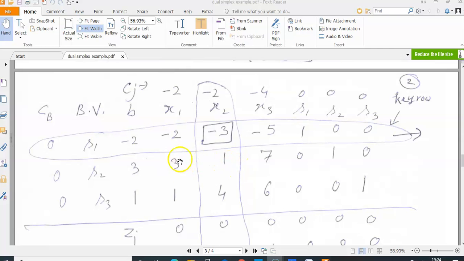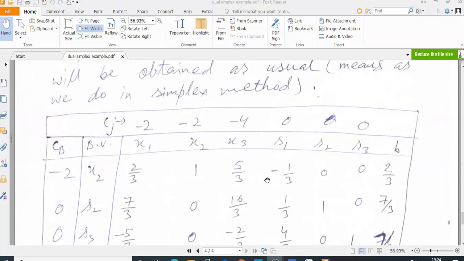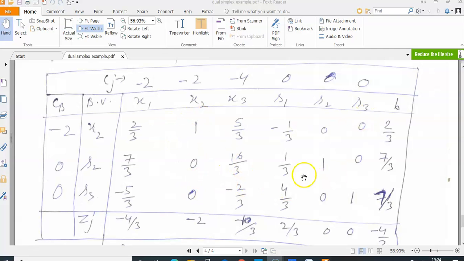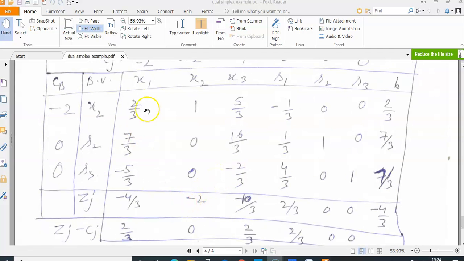The same formula we apply, and we convert these rows into new rows, and here we get a new table like this. And again we check the values.